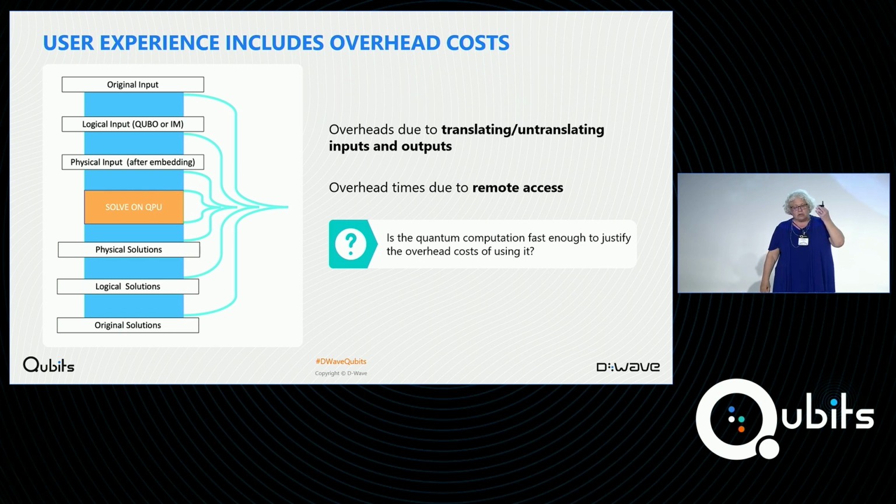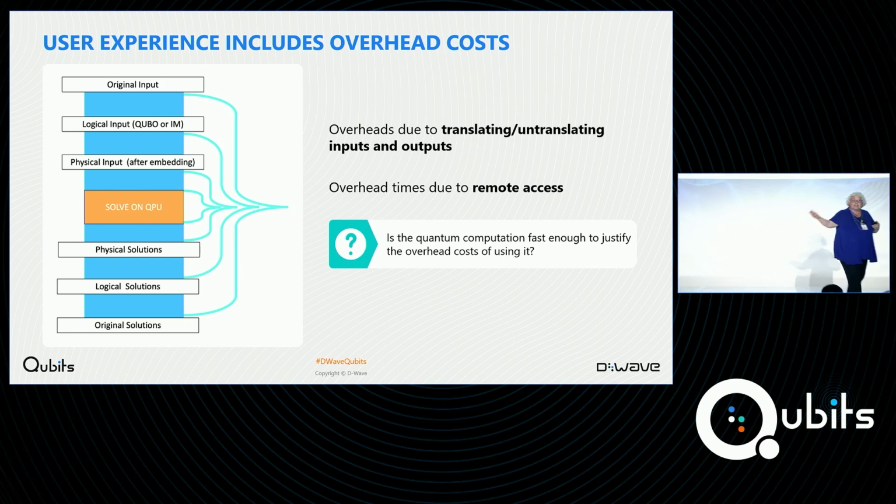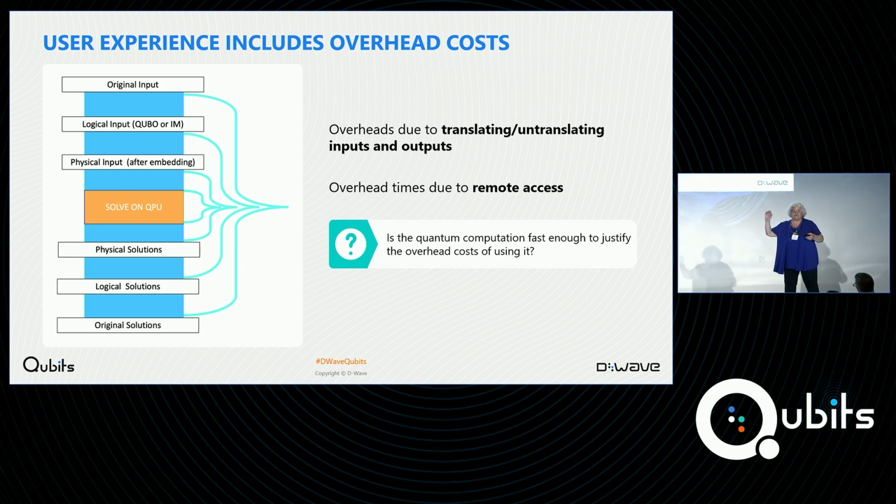You take your original problem and translate it to a QUBO, or a logical input, and then there's the physical embedding step, where it matches the connectivity structure of the hardware. Then you send it to the QPU, and the answer comes back. It has to be unembedded, untranslated, and then you get your solutions back.